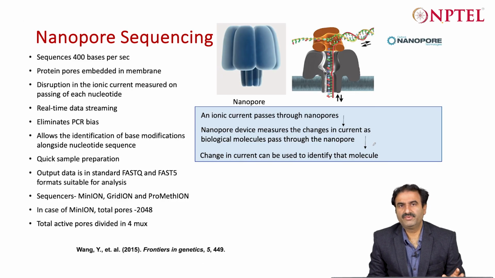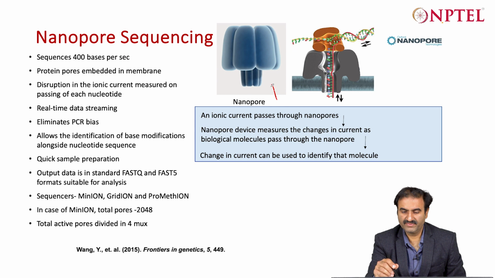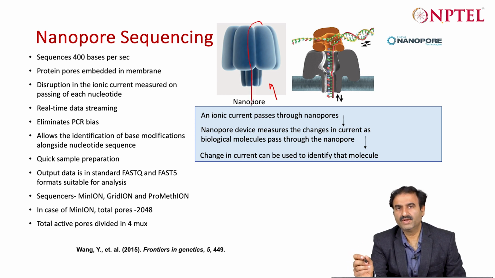So coming to the Oxford Nanopore technology, or Nanopore sequencing. Basically it deals with a nanopore, through which single stranded DNA passes. That single stranded DNA has 4 nucleotides, A, T, G, C, which have their own shape, right, and basically the area or size that they cover.